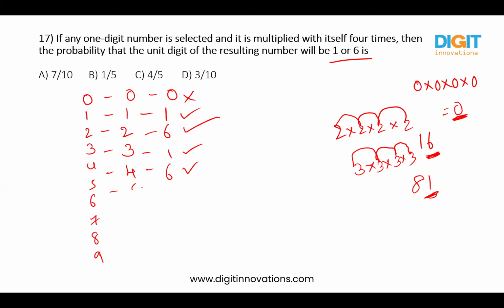And when it comes to 5, whenever you multiply with anything, you'll always end up with 5, but it is not accepted. 6, whenever you multiply more than 2 times, you'll always end up with 6 only. When it comes to 7, you'll always end up with 1. When it comes to 8, you'll always end up with 6. And it is 9.